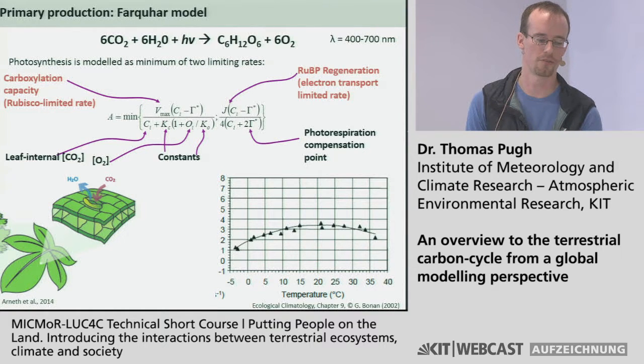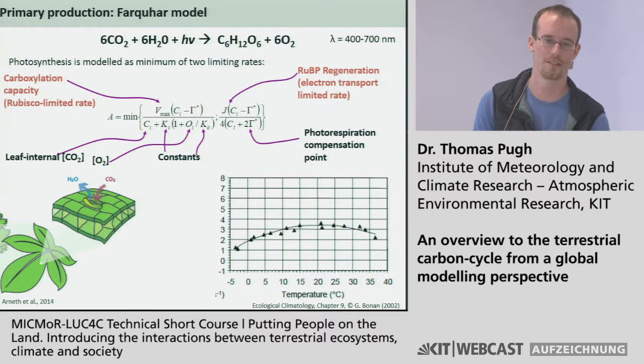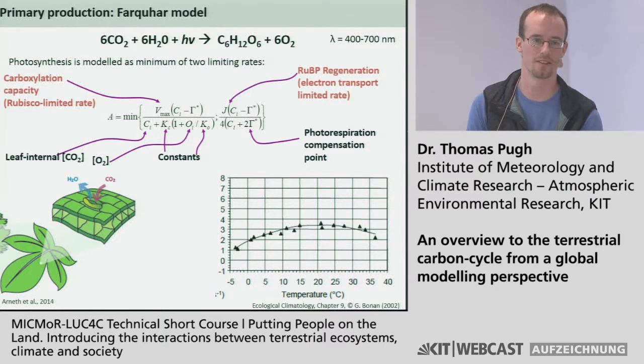So as Rubisco gets warmer, it gets less effective at fixing CO2. It starts to get confused with oxygen and tries to stick oxygen into the carbon molecule, and that's energetically not very good, and it costs the plant carbon to deal with that. So we get a drop off in the net assimilation rate.